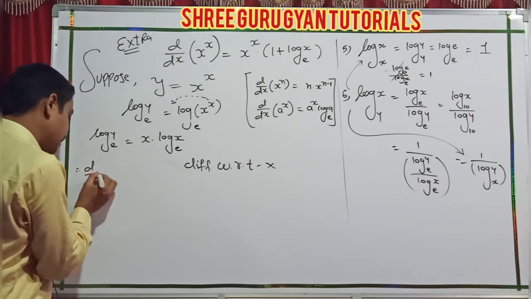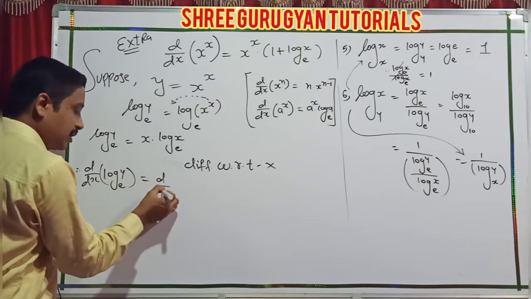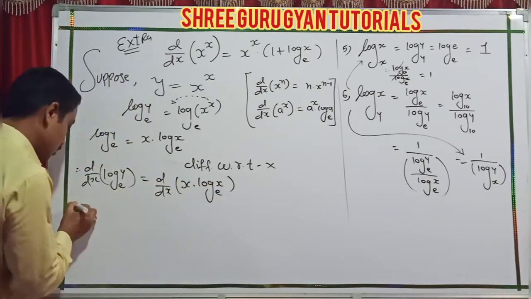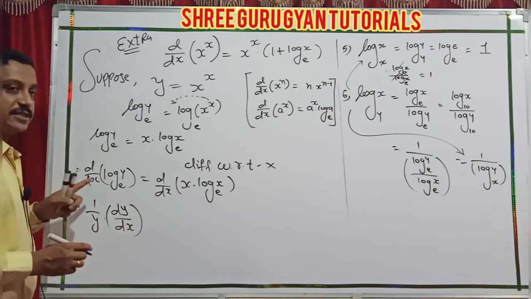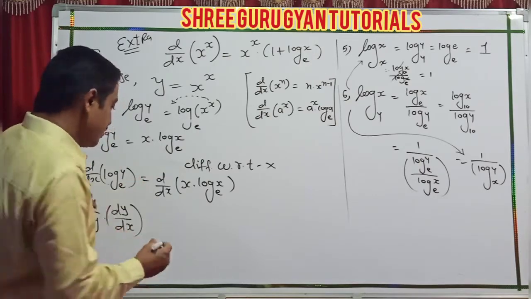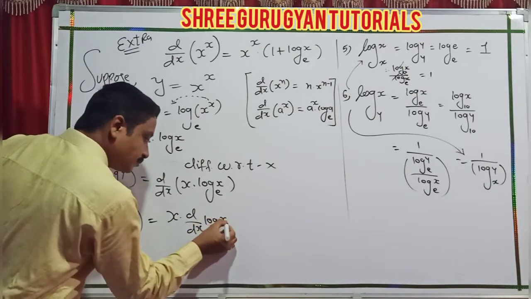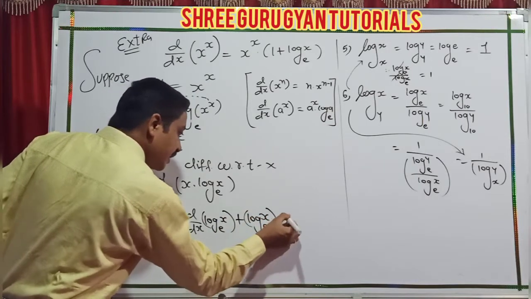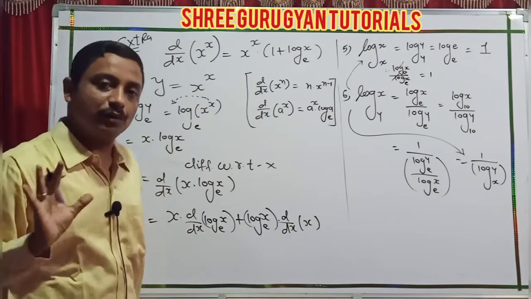So here d by dx of log y base e, and here d by dx of x into log x, apply the product rule. Here 1 by y, the derivative is pending. Yes, for log y the derivative is pending: first the log derivative, after that the y derivative. And here utilize first times d/dx of second plus second times d/dx of first. Only I operate, students, the product rule here.